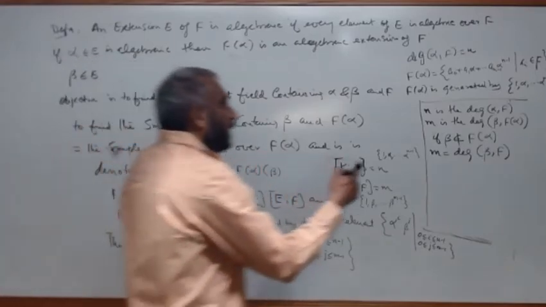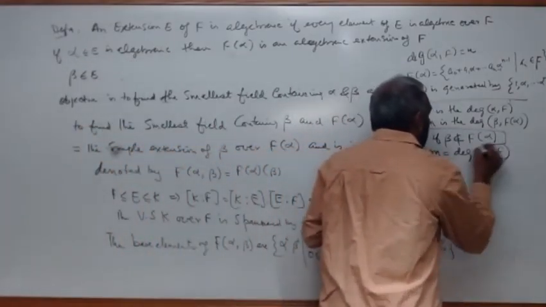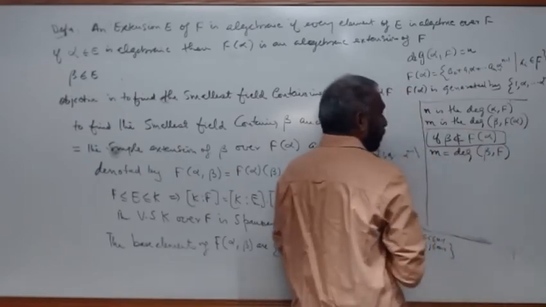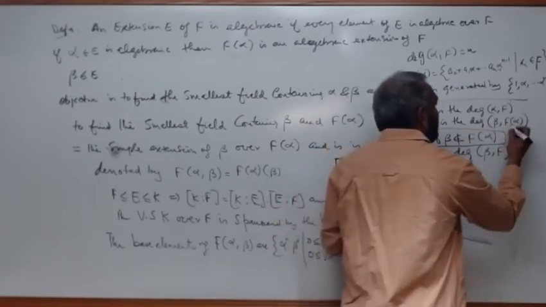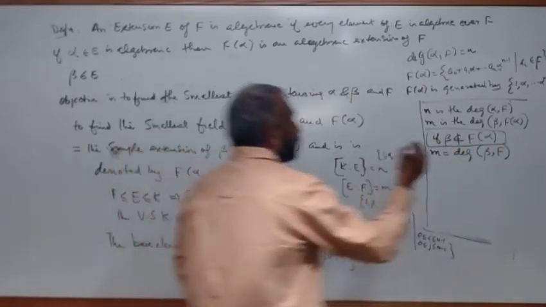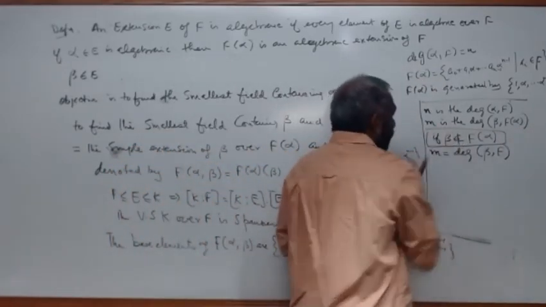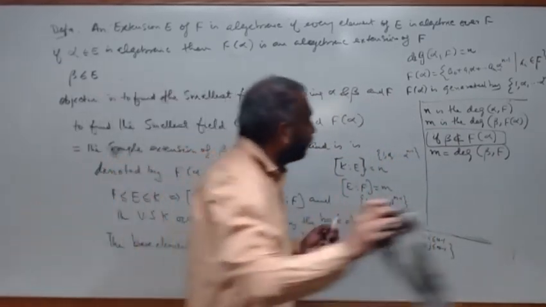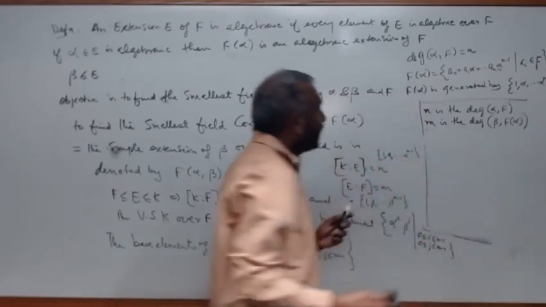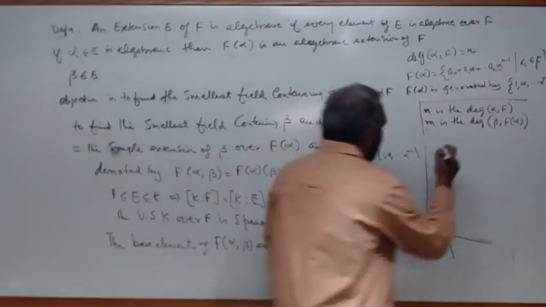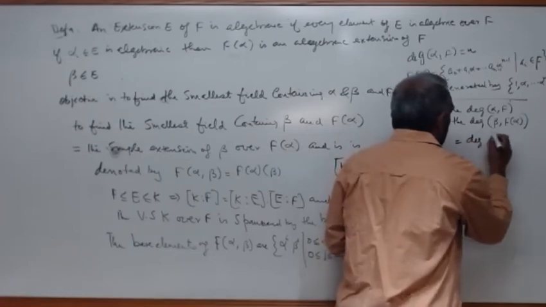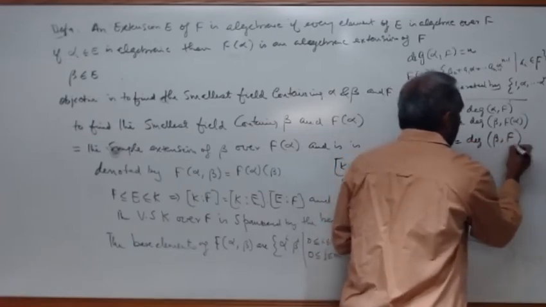In fact, we don't need to have this condition, because if beta is already in F(alpha), then this becomes F, so you don't need to say that. So m is the degree of beta over F(alpha).